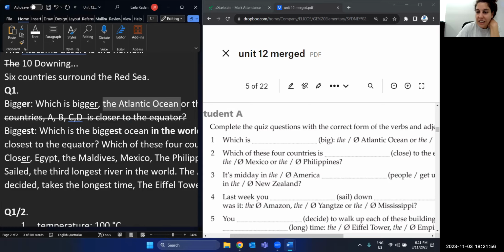Which of these 4 countries is closest to the equator?